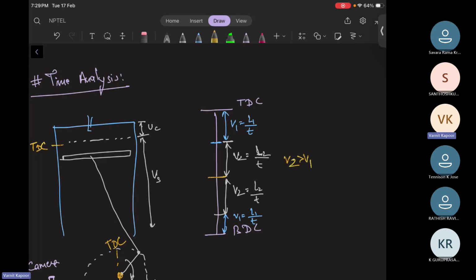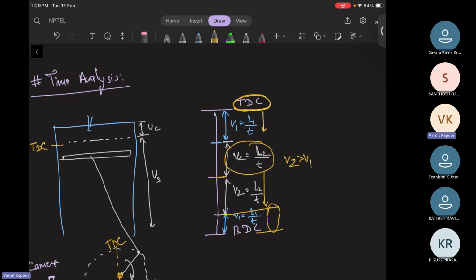So basically, the piston started from zero velocity, started to gain velocity, and over the L2 region the velocity was maximum at the middle point. The same velocity carried forward to the end of L1 near the BDC, and again the piston tried to stop for the remaining length L1.